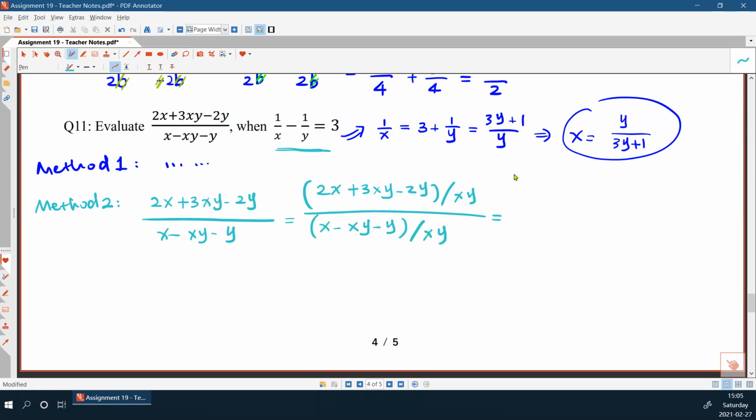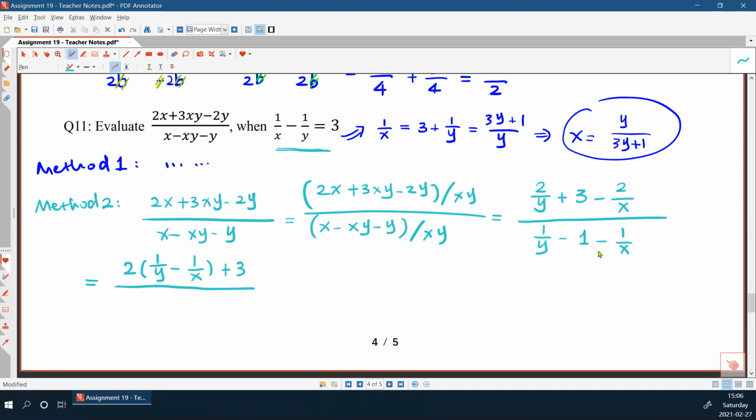So what you will get here? You will get 2 over y plus 3, right? And then minus 2 over x. Then you will get 1 over y minus 1 minus 1 over x, right? Now 2 over y minus 2 over x is actually twice of 1 over y minus 1 over x, right? And then plus 3.